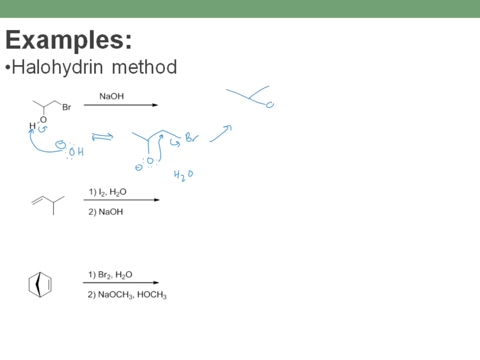So now that oxygen leaned over, kicked out that bromide to do what we would refer to as an intramolecular SN2 type reaction. An SN2 type reaction because it does a backside attack. It's one step. It doesn't involve a carbocation or anything like that. And that's the mechanism for these reactions. So here's your mechanism.